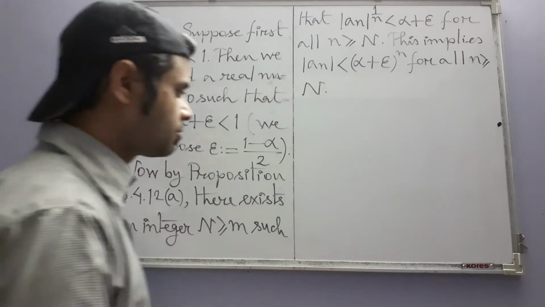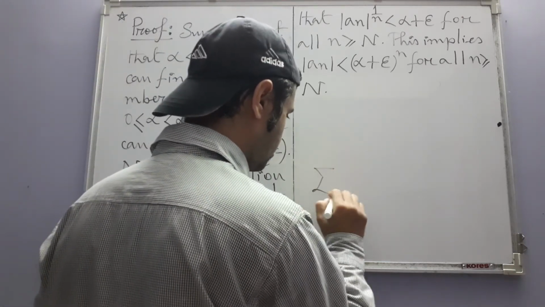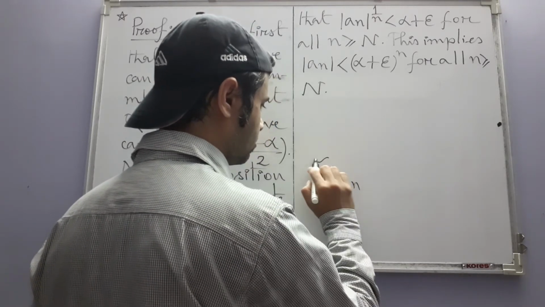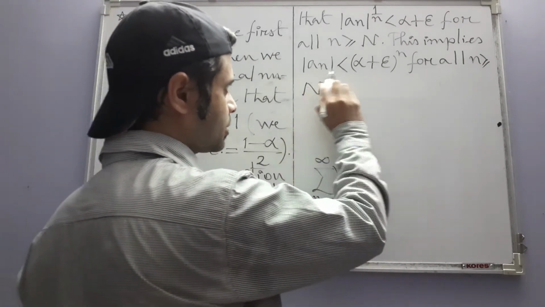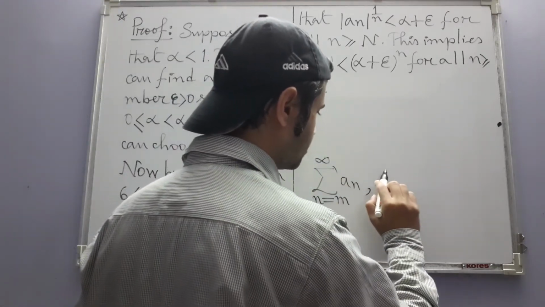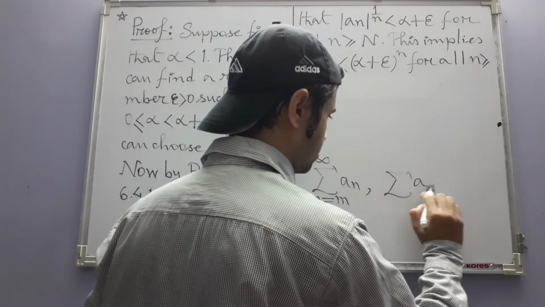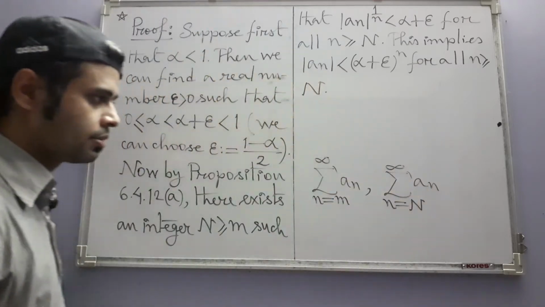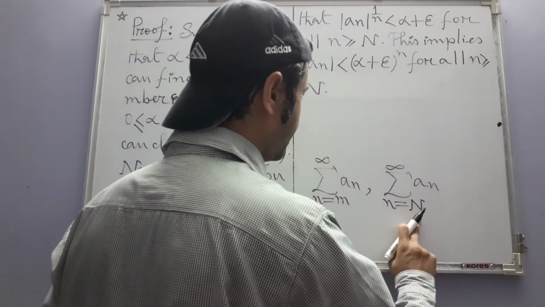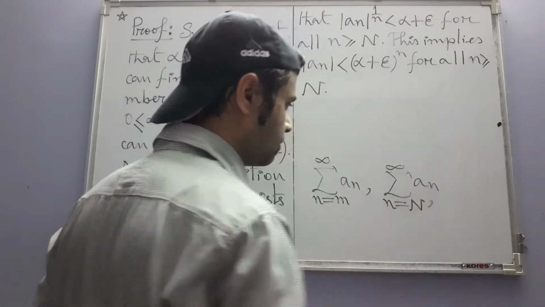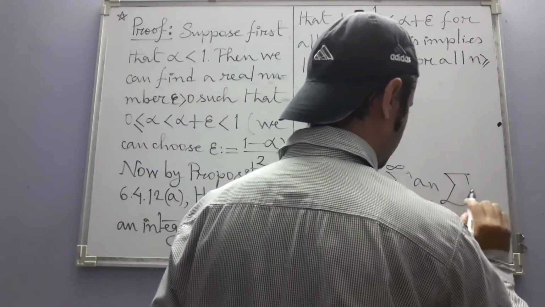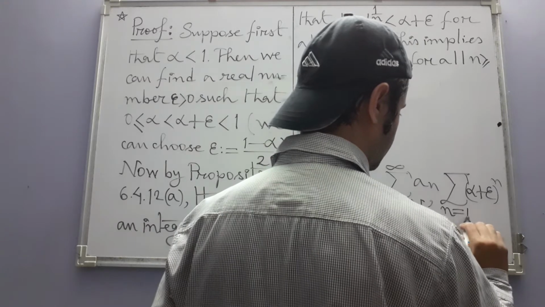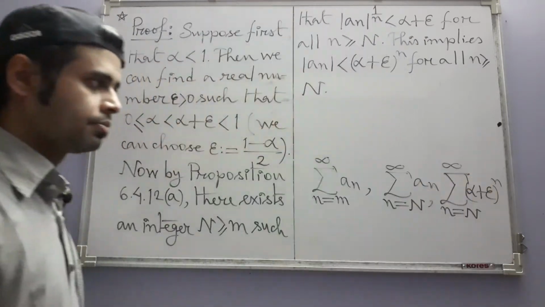Our original series, of course, is this. This is our original series. But we, of course, have got these inequalities not for all the terms, but rather for this series where our index starts from n. That's not a very big problem. And the corresponding other series I am talking about is this, summation alpha plus epsilon whole to the power n. Okay.